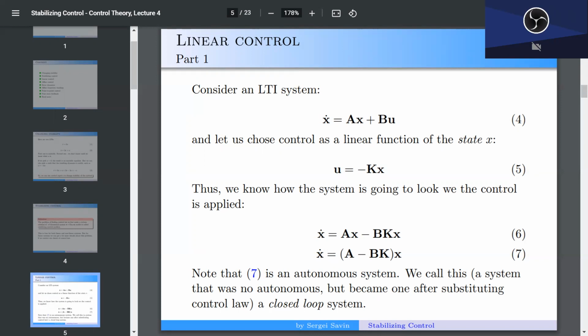Okay, good. So you can see the equation number 7 gives us already the tools to compute control. How? Well, can you find K that is real and negative, that will provide this matrix with negative eigenvalues? Well, not necessarily. Maybe it would be difficult, right? But for a 2 by 2 matrix, maybe you will be able to just do it by hand.